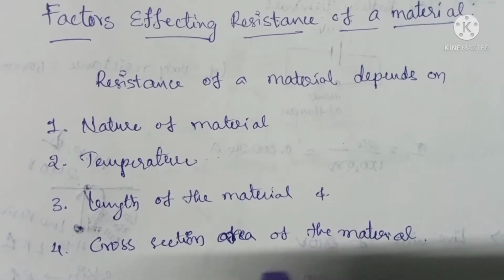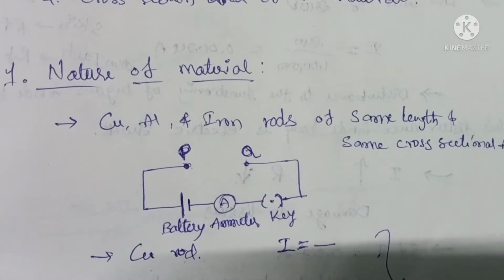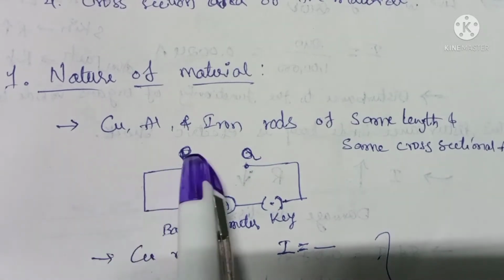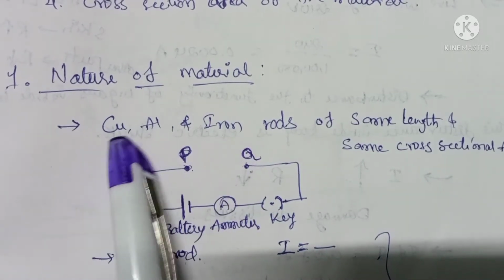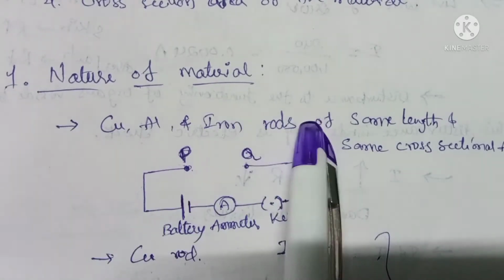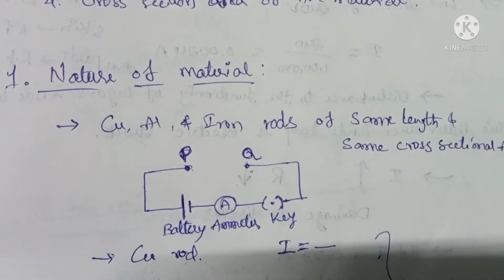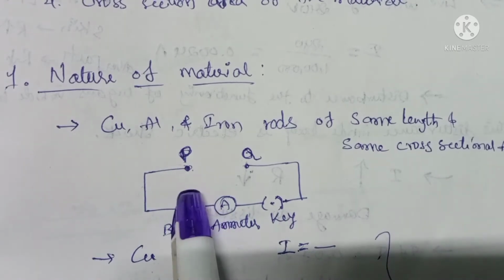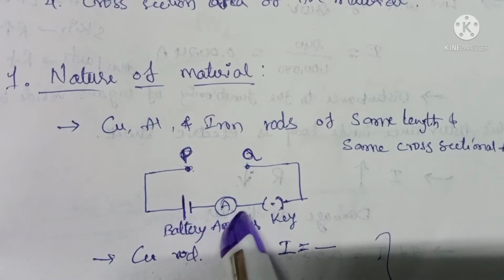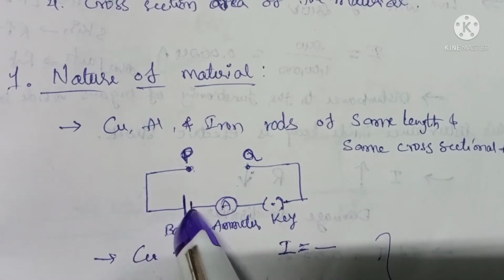First let's see how nature of a material will affect resistance. Take three different types of materials, that is copper, aluminum and iron rods of same length and same cross sectional area. Make a circuit using a battery, an ammeter and a key, with connecting wires.